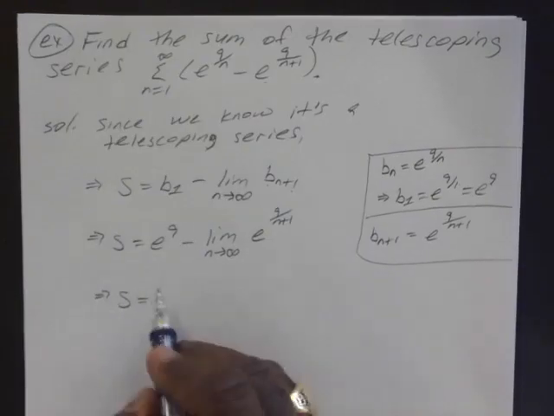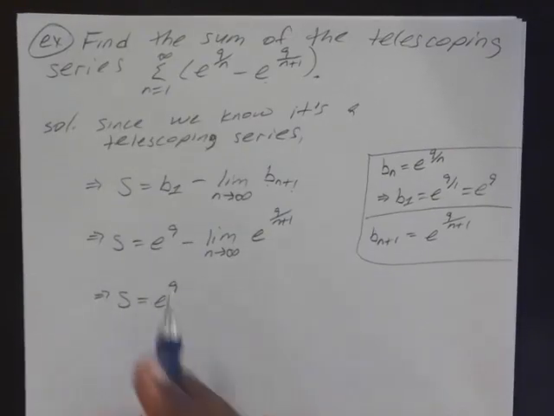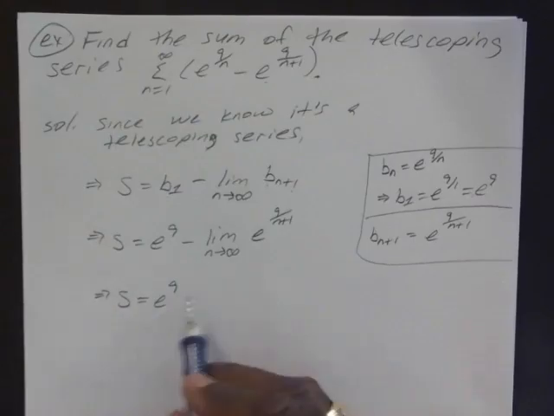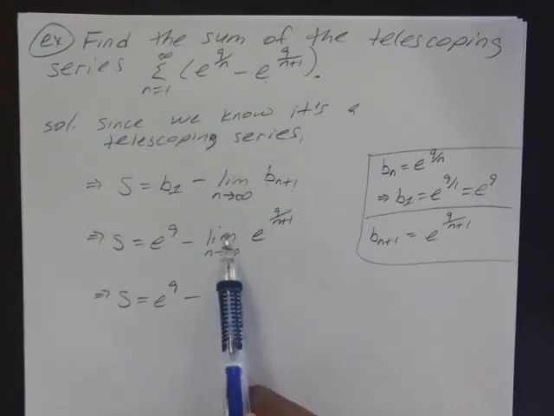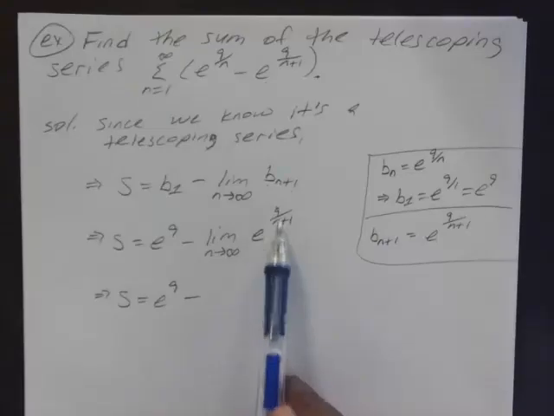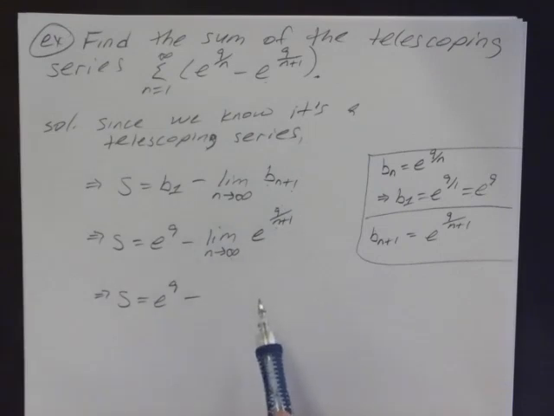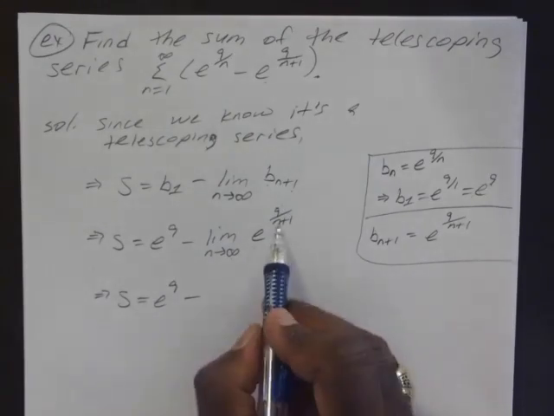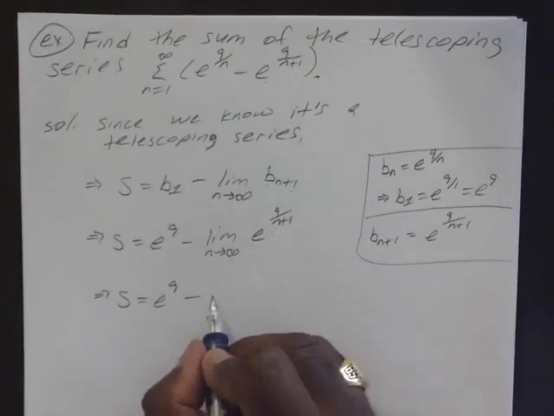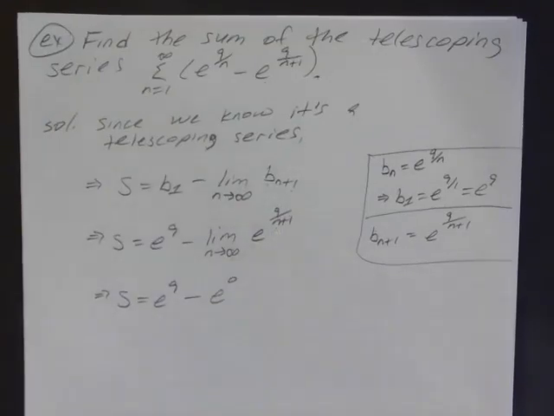So we take our e to the 9th power, which is just a constant value, minus the limit as n approaches infinity. Here you have a constant divided by a number getting bigger and bigger and bigger. Well, we know that is going to be 0. So this is just e to the power of 0.